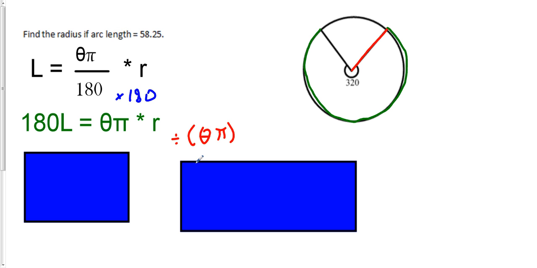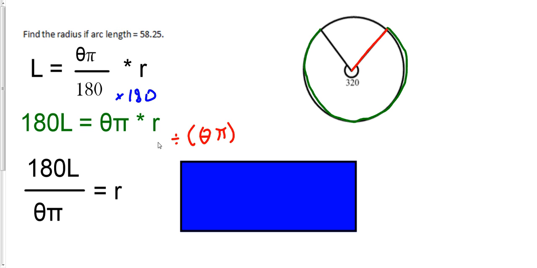We're dividing both sides by theta times pi. And when we do that, this side we just have the radius left over. This side we have 180 times the arc length, all divided by theta times pi. So this is the formula we're going to use to find our radius.